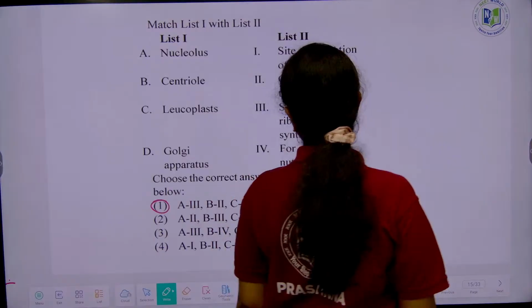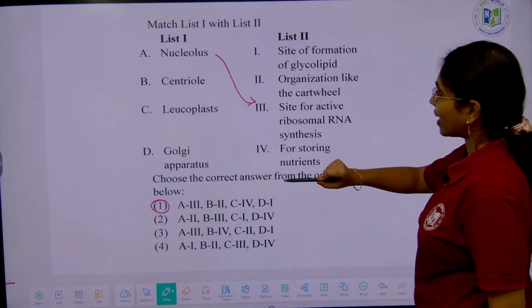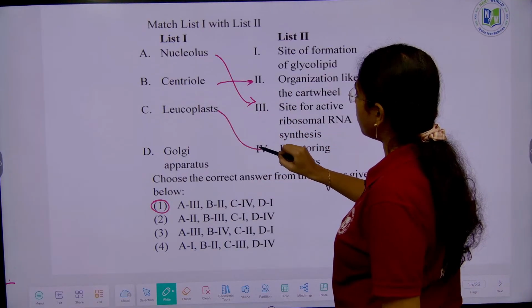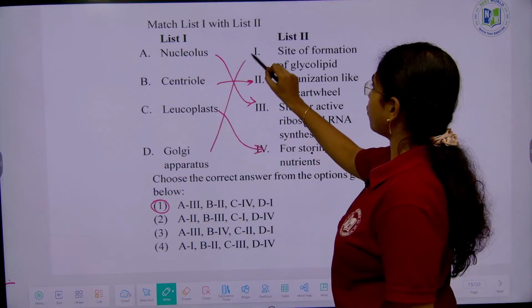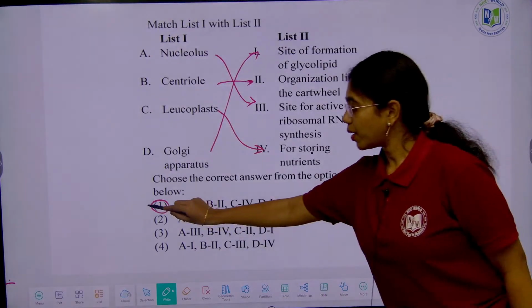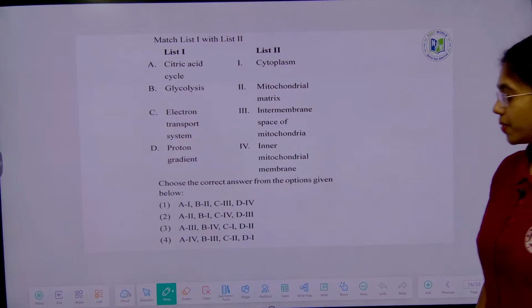Nucleolus is site of what? rRNA synthesis. Centriole, organization like cartwheel. Leucoplast is the body where it stores the nutrients. Golgi bodies is site for synthesis of glycolipid and glycoprotein. Correct, right? Then why so much of confusion? You should be clear with your answer. Now this row.